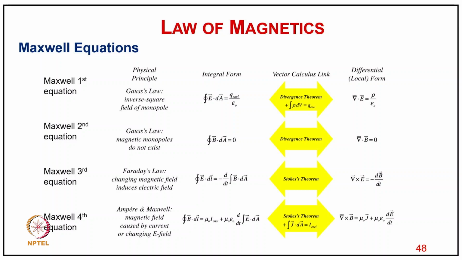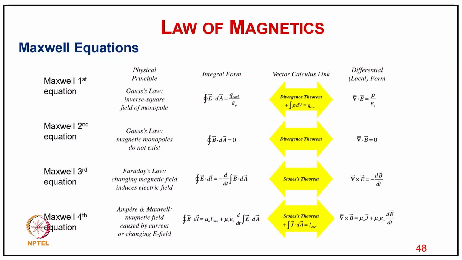And the third Maxwell equation is the Faraday law of changing magnetic field, E dot dl equal to minus d upon dt of B dot A, on which the induced EMF concept is applicable. But all these equations are only applicable for a very small element or partial derivative only. And the Ampere-Maxwell equation is the curl of B equal to mu 0 I plus mu 0 epsilon 0 dE/dt. So these are the four Maxwell equations which are quite popular for analyzing the basic concepts of electrical machines.